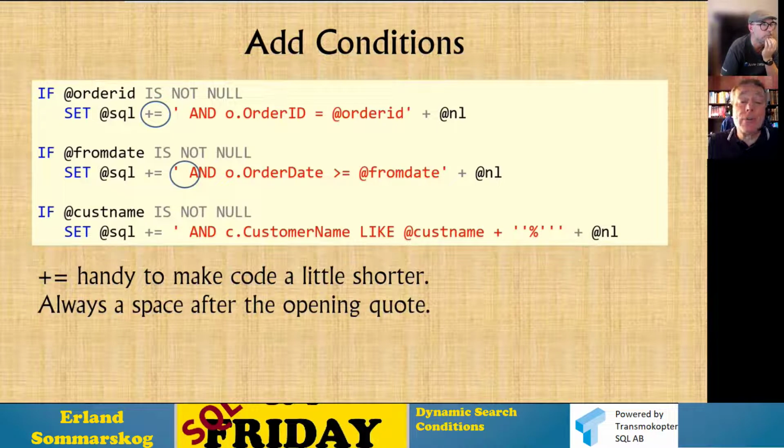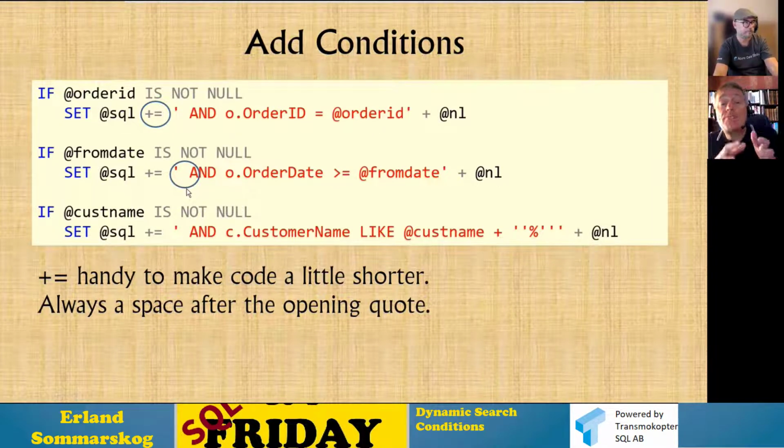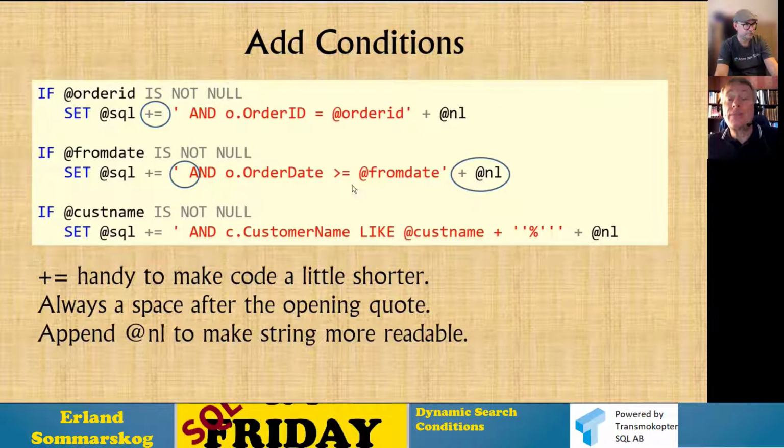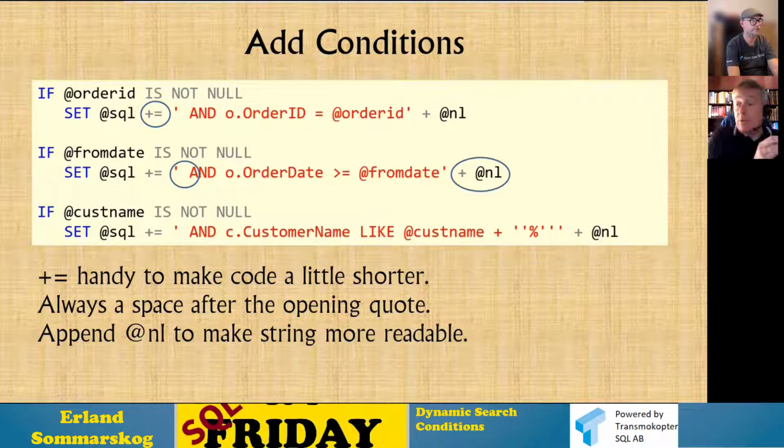This is a very important thing. This is a matter of discipline. Always put a space after the opening quote so you don't have strings running into each other. This is really one of these things about discipline. You write this very repetitive code, and you need discipline to always do it right. And also this thing about the @NL, adding a new line after each condition. So I don't get all conditions on one single long line, and SQL Server tells me there is an error on line 4, and that is that very long line.